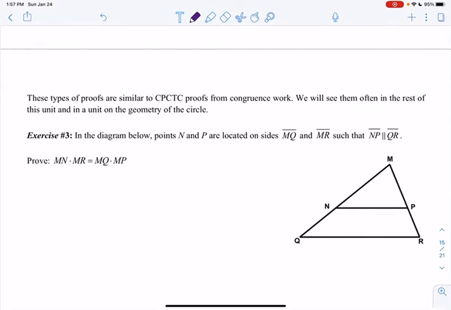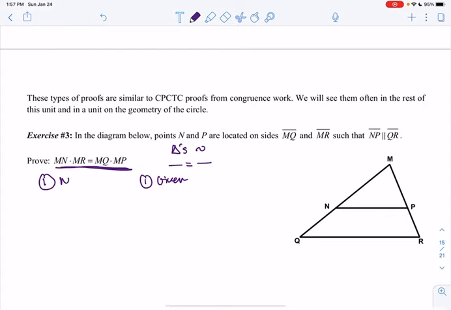So I basically want to prove that those sides multiplied, MN times MR equals MQ times MP. First, I have to prove that the sides are in proportion, and before that, I have to prove that the triangles are similar. So you're basically proving the triangles are similar, then you can say that the sides are in proportion, then you can cross multiply and tell me that MN times MR is equal to MQ times MP.